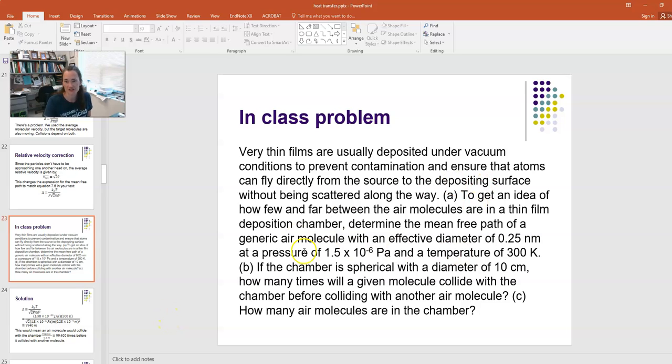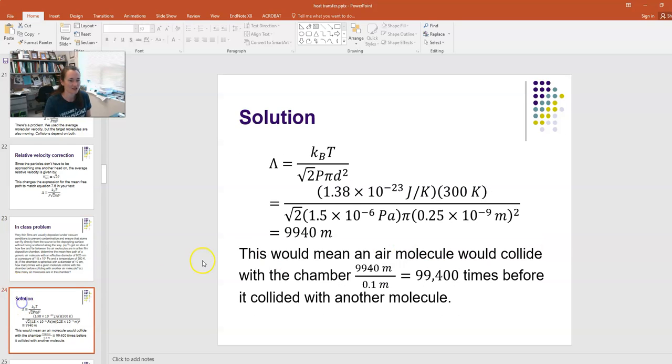Part A first. Let's find the mean free path of this generic air molecule in the chamber. So our equation was lambda is equal to k_B T over the square root of 2 times P times pi d squared. Okay? So as we stated before, k_B is Boltzmann's constant, which is 1.38 times 10 to the minus 23 joules per Kelvin.